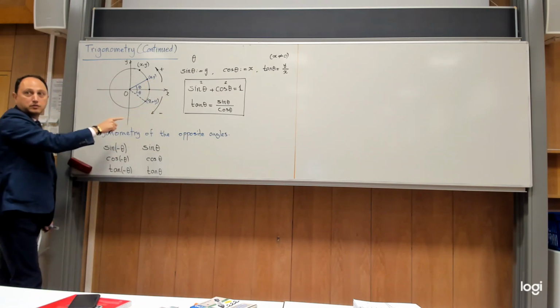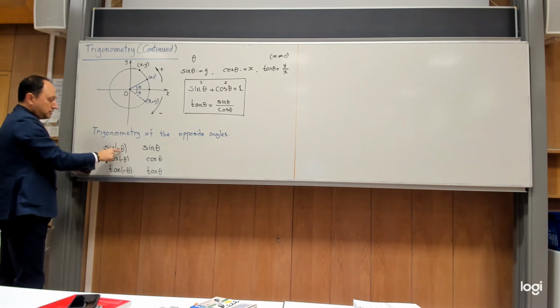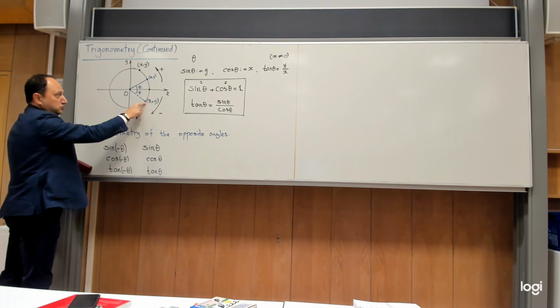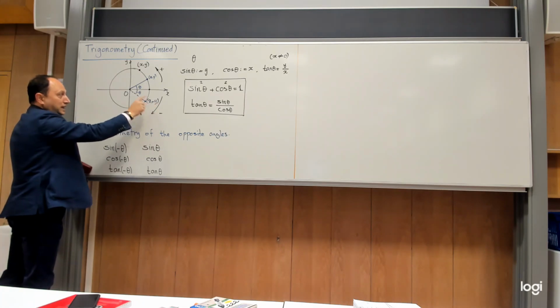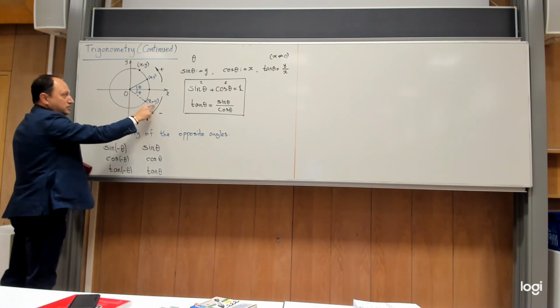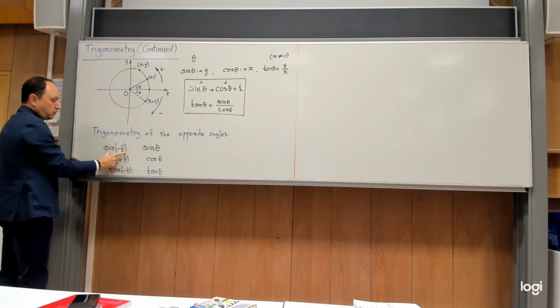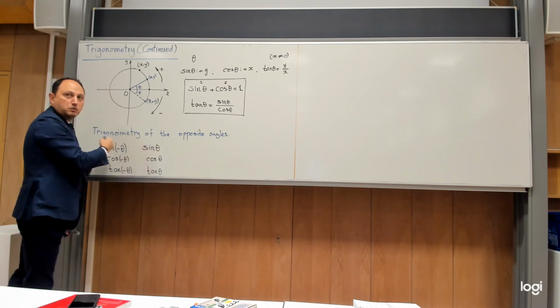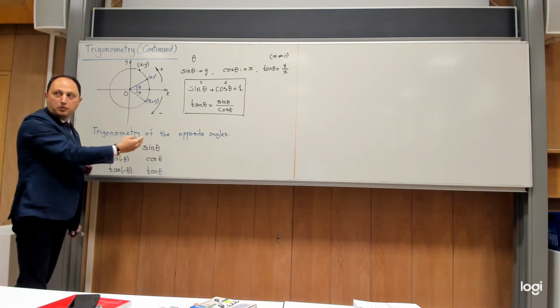Is that understandable for everyone? Because if you are interested in minus theta, you need to look at the final point for minus theta and read the y coordinate of that, which is minus y. If someone asks you what this is, it is minus y. If someone asks you what this is, it is y. One of them is minus y, one of them is y, so they are opposites of each other, yes?